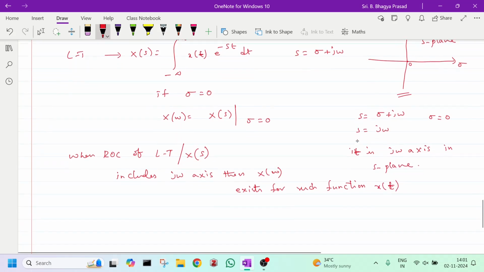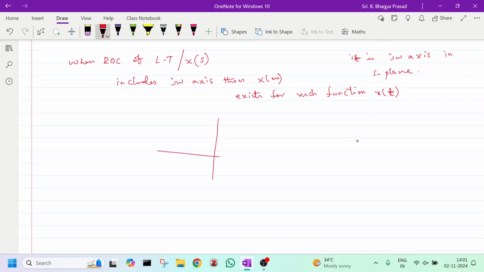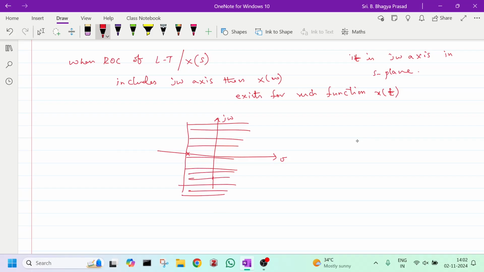If in the s plane we consider the ROC, suppose this is the pole, if the ROC is right side of this pole, if the ROC is like this, and this ROC covers the j omega axis, so X of omega, that is the Fourier transform, exists for that signal.